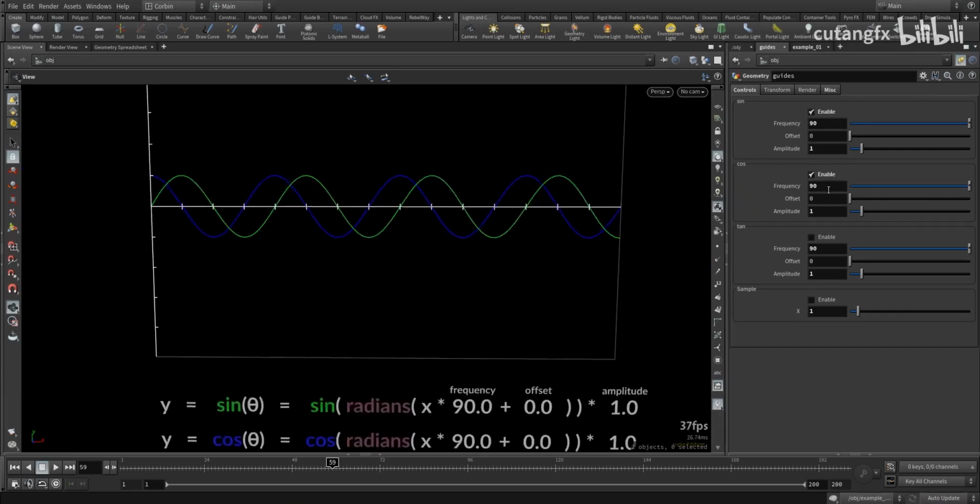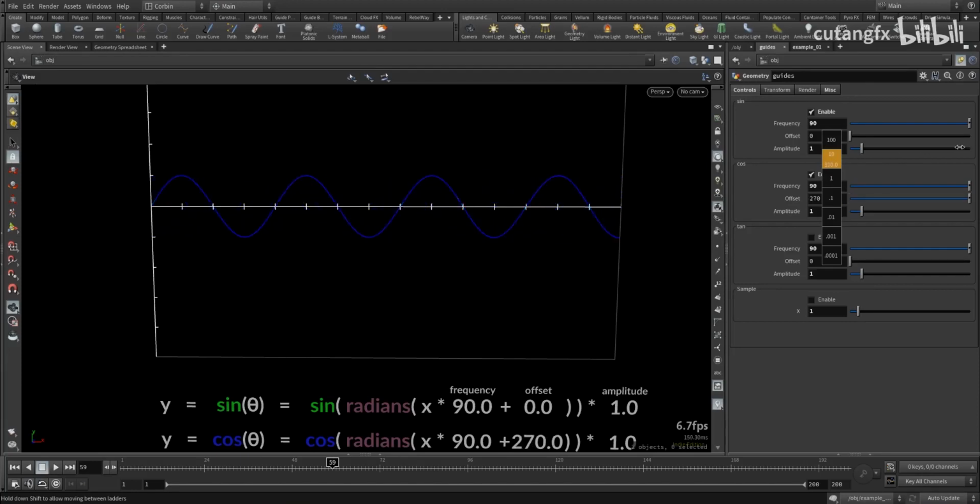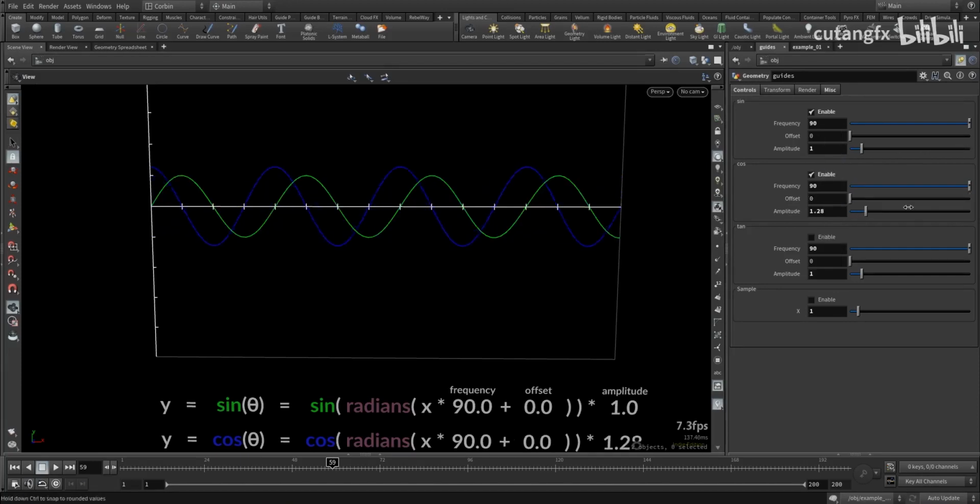Of course, if we have different frequencies, then there is going to be no correlation between these two. But if they share the same frequency, then the offset will essentially align them. Okay, and of course you can also have them follow a different amplitude if you absolutely wanted to.